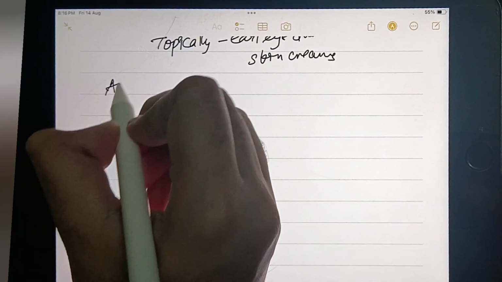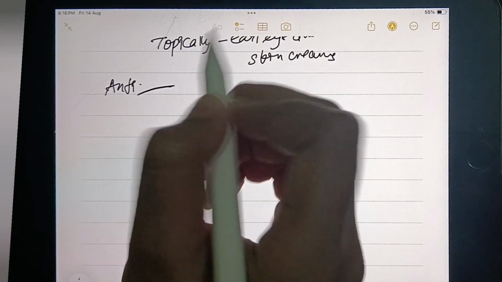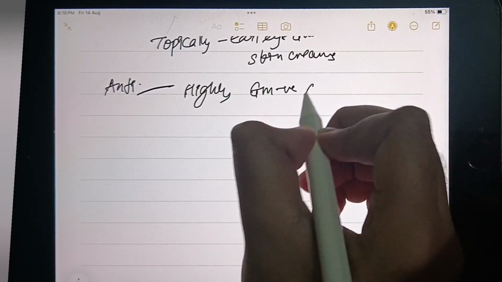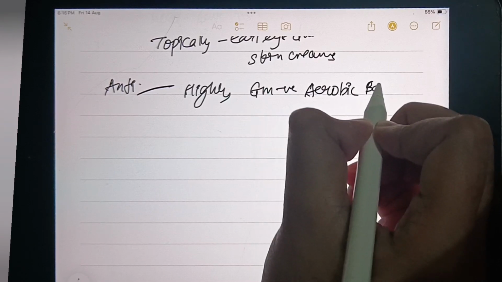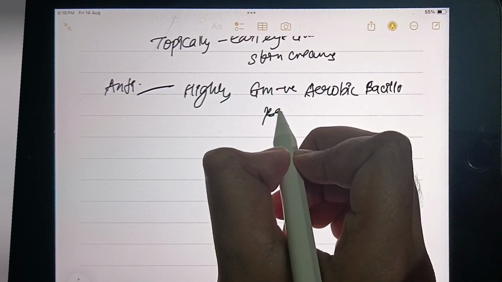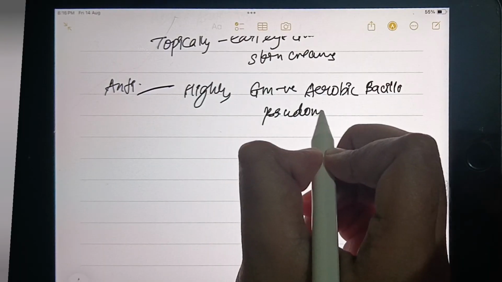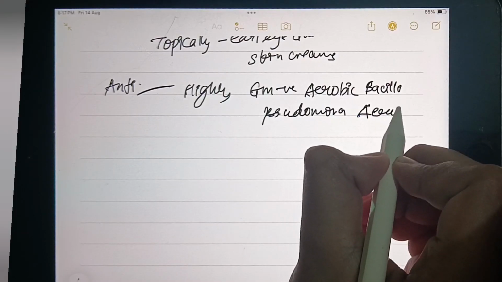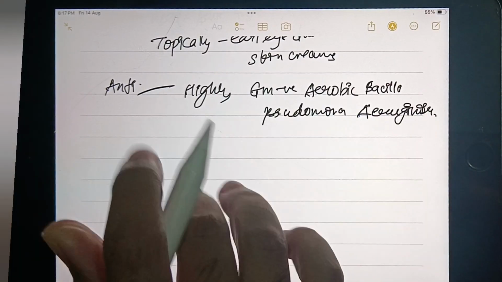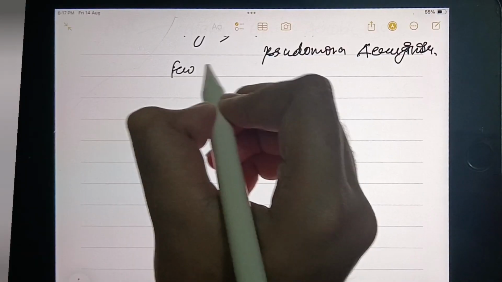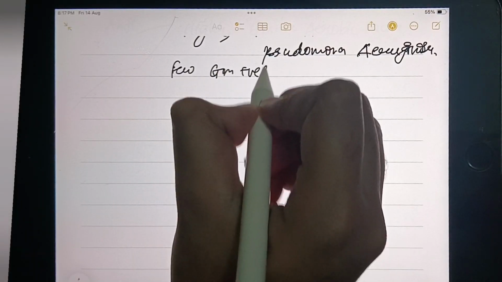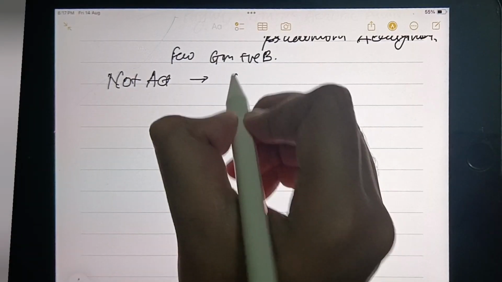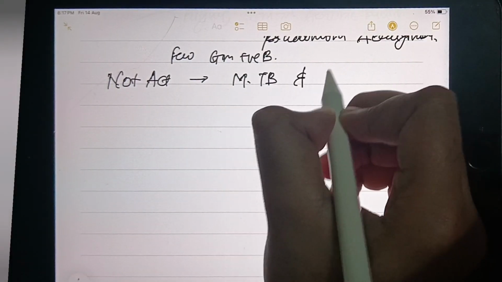So, antimicrobial spectrum: it is highly active against gram negative aerobic bacilli, including Pseudomonas aeruginosa, and it is also active against a few gram positive bacilli too, and it is not active against Mycobacterium tuberculosis and other mycobacteria.